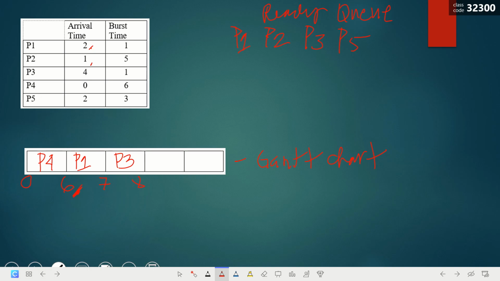Then we can terminate P1 and P3. What comes next? We have P2, or rather P5, because its arrival is 2.